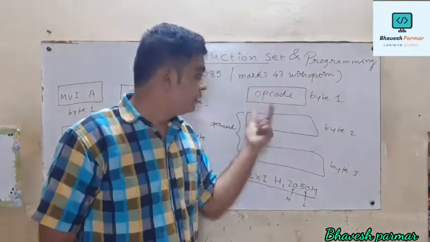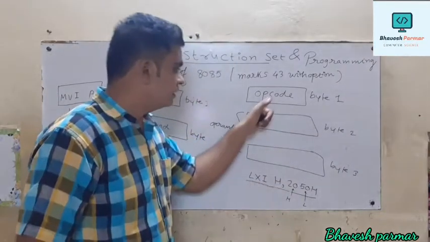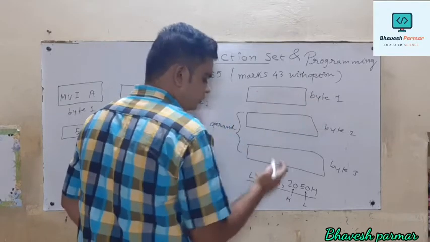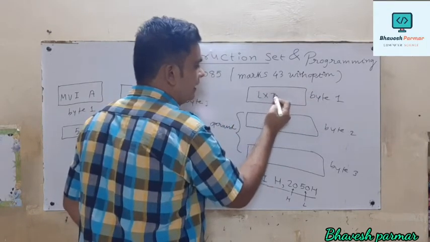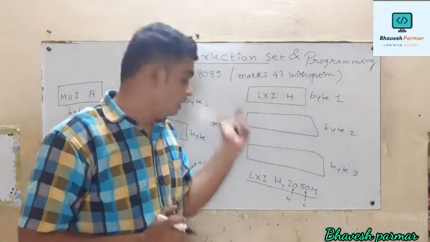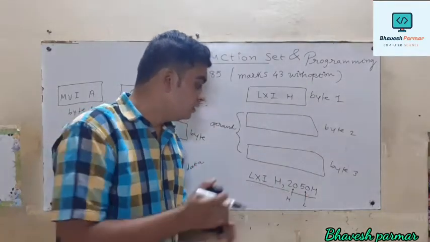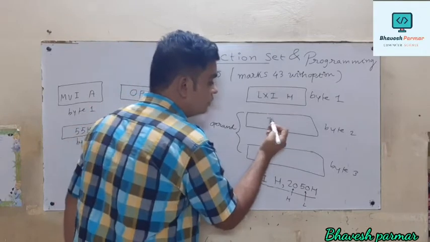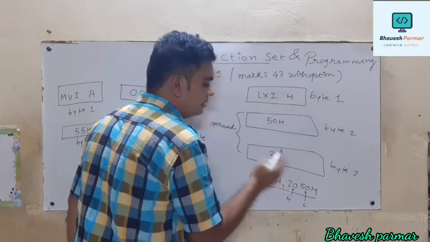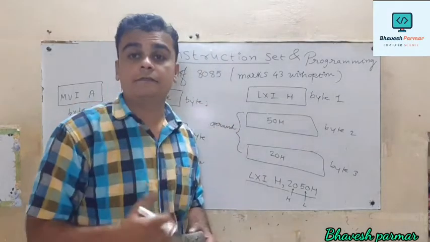How are they stored? This instruction is stored in this fashion. First of all we store LXI H, which is my opcode. And how do I store this address? First we store 50H and then 20H, meaning it is stored in somewhat reverse fashion.